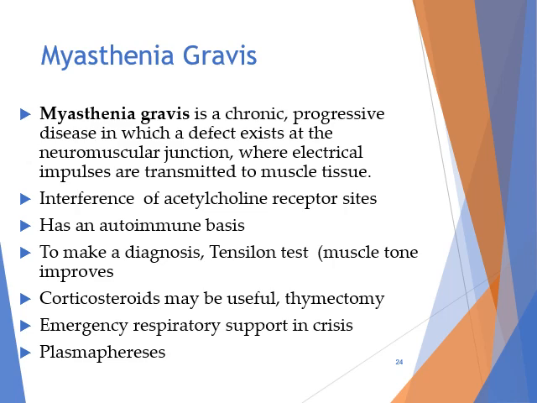Corticosteroids can be useful in this disease. Also, the thymus gland can be affected because many patients with myasthenia gravis have hyperplasia of the thymus gland. Thymectomy is performed early after the initial diagnosis. Plasmapheresis is another therapy that's used, and that's because they think it's autoimmune.